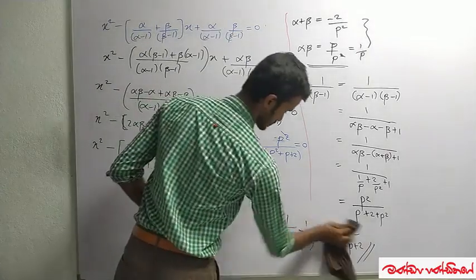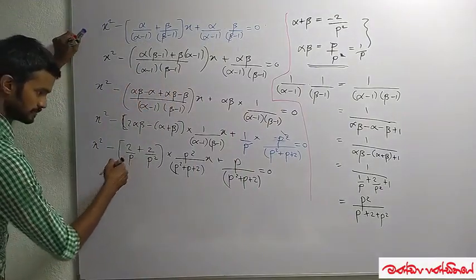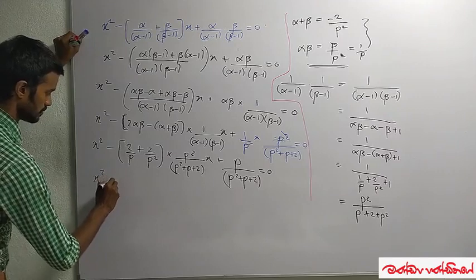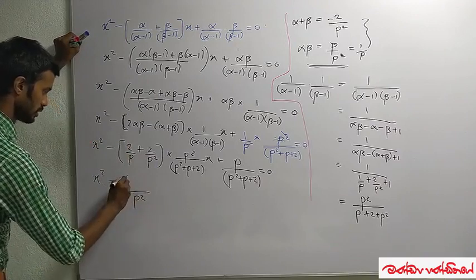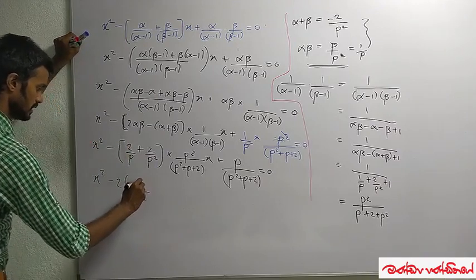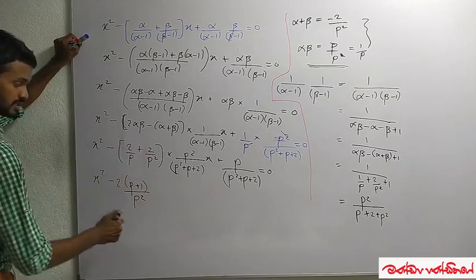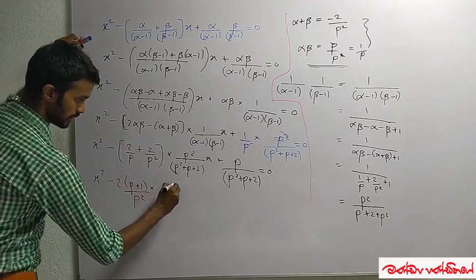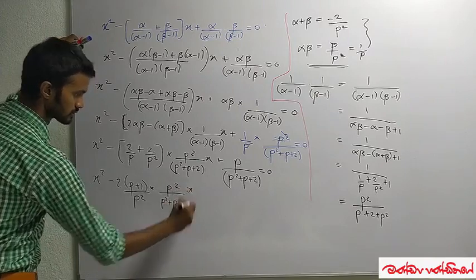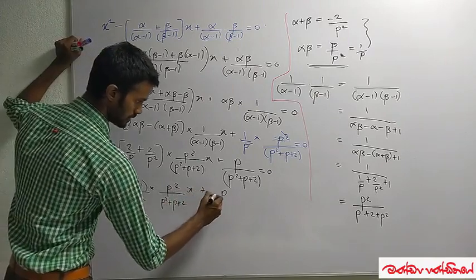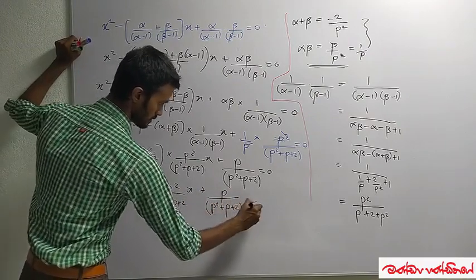So just do this, and now I can get the answer. I'm taking x squared minus, I'm taking a 2 out, and I'm taking p squared as the common denominator, which means this one is multiplied by p, and I'm taking a 2 out, which means this is p plus 1 into p squared over p squared plus p plus 2 times x plus p over p squared plus p plus 2 is equal to 0.